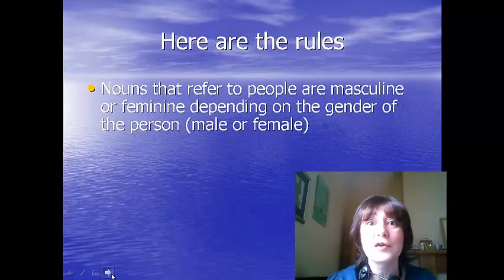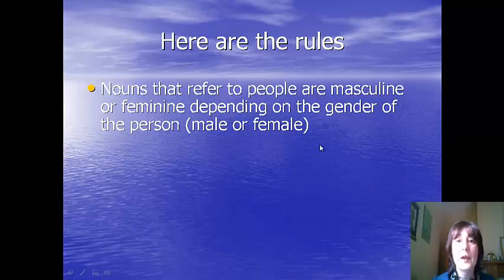So words that refer to people are masculine or feminine depending on the gender of the person. That applies especially to family members, such as father is by definition a male, so it will be masculine. Woman is by definition a female, so it will be feminine. So that's the first rule. Nouns that refer to people follow the gender of the person they're referring to.